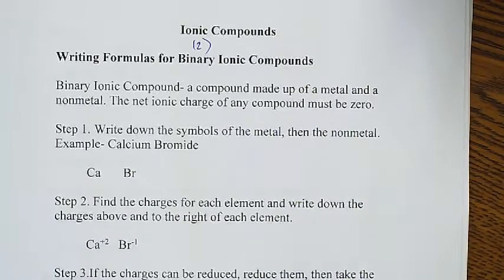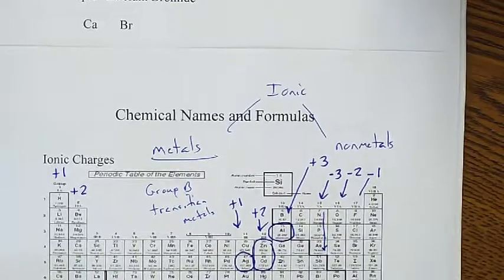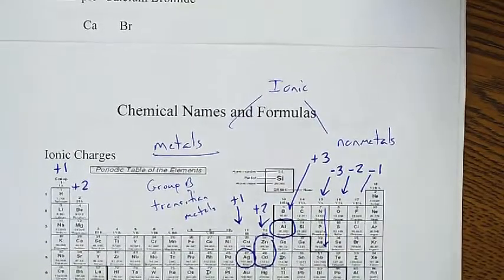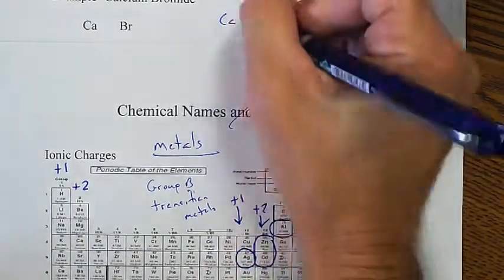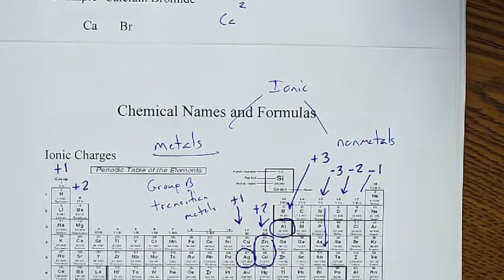So first thing we're looking at is how to write a formula for the combination of calcium and bromine. The first thing you need to do is write down the symbols for the elements. Calcium's charge is +2. Write the charge above it. You don't have to put plus or minus because this is not a math problem.